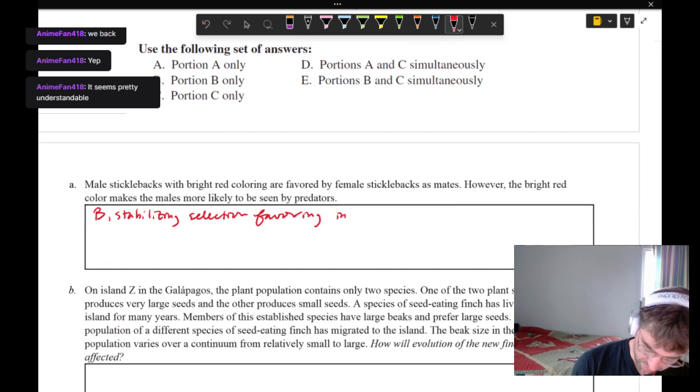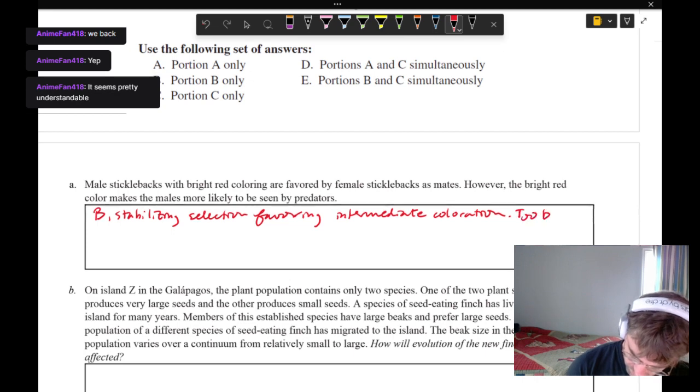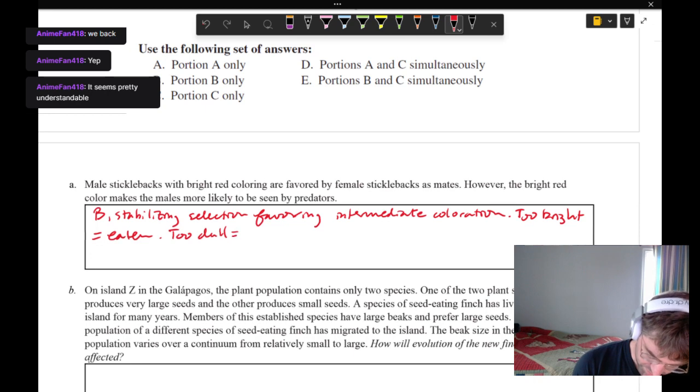Favoring intermediate coloration. Too bright gets eaten. Too dull, no mating.